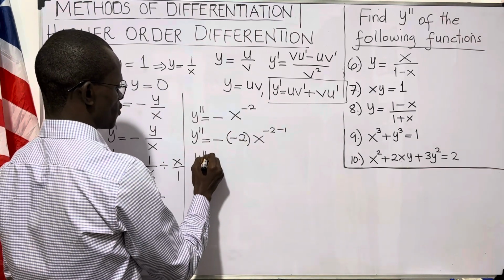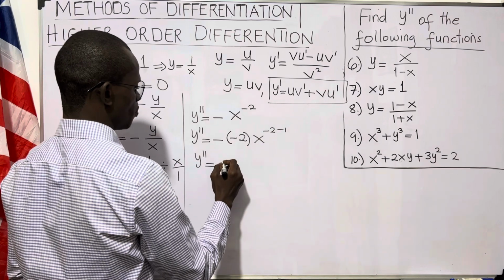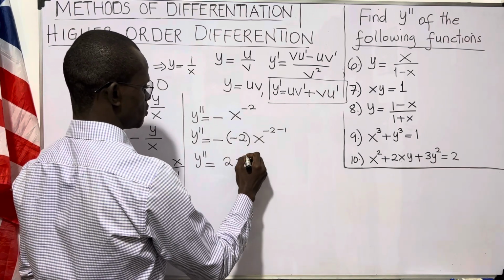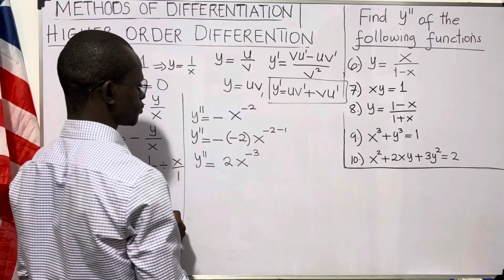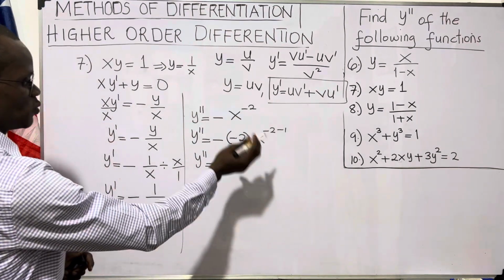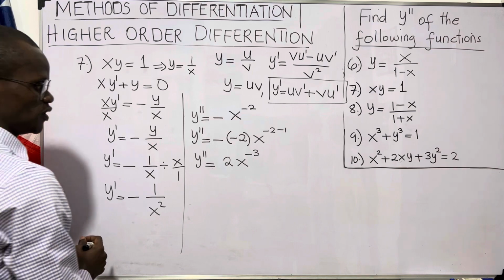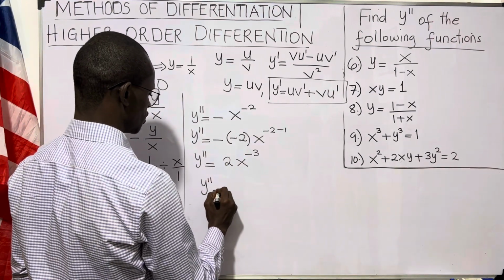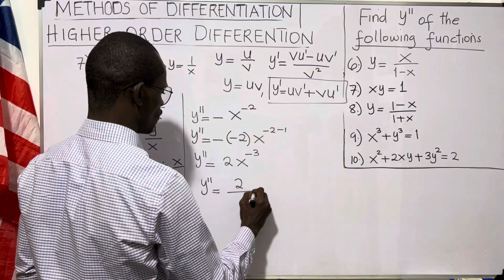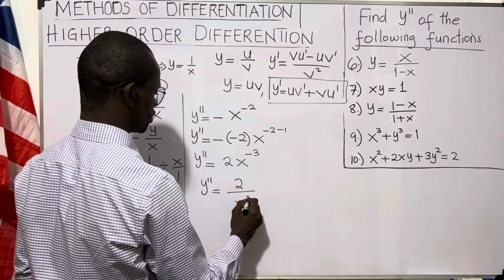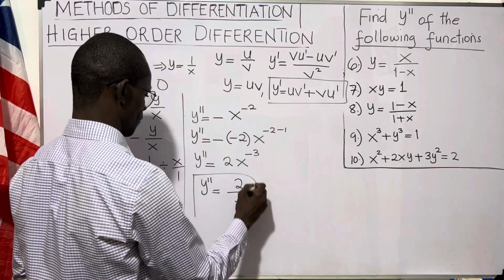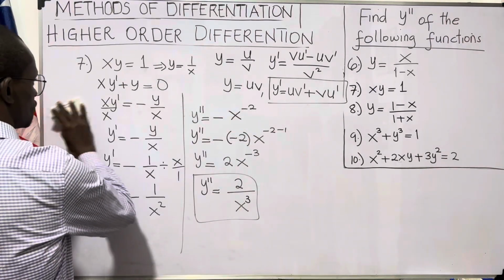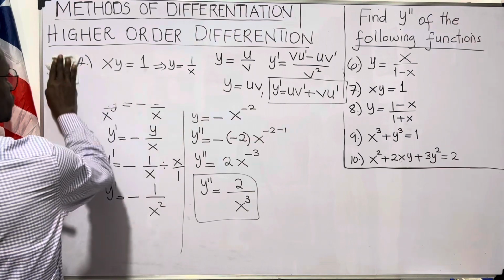So y double prime now will just give us positive 2, and then this is x raised to the power minus 3. So we can reciprocate so that we get rid of the negative. So this y double prime is just 2 all over x raised to the power 3. So this is the second problem. Let's move on.